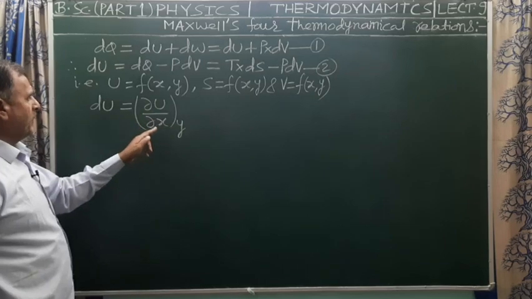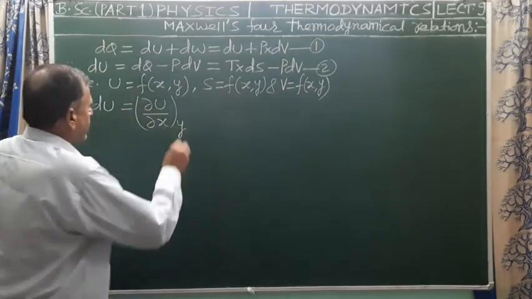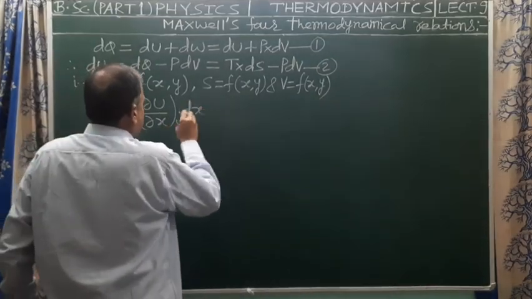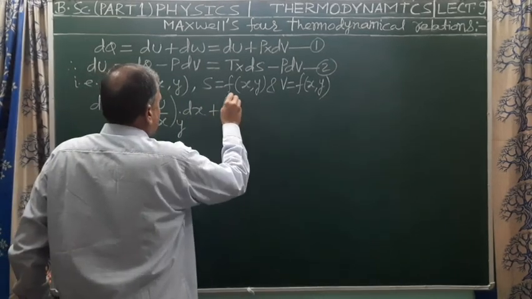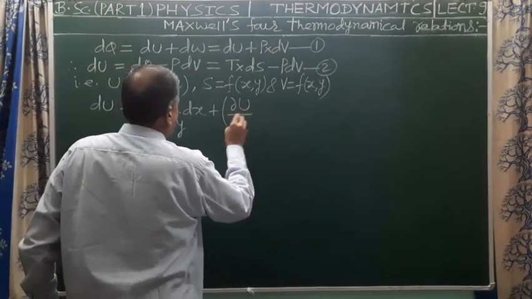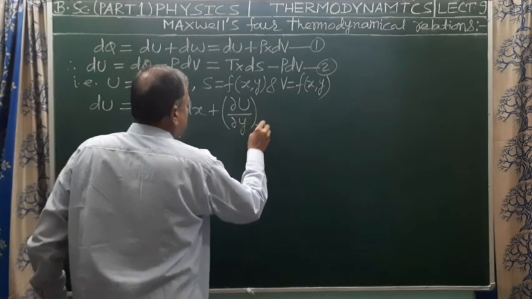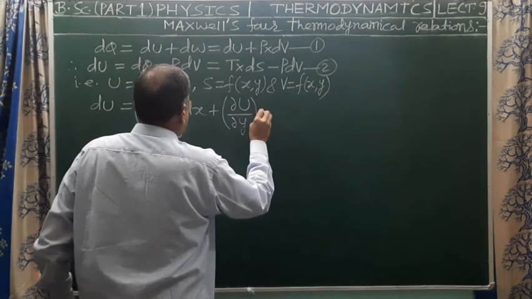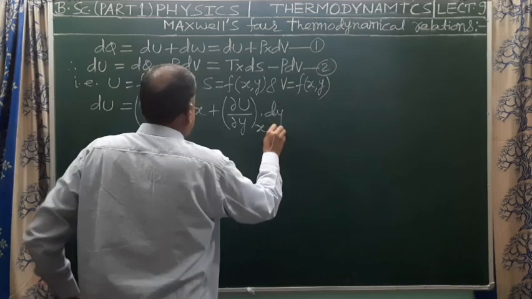So del u upon del x at constant y into dx plus, in the second term, del u upon del y at constant x multiplied by dy.